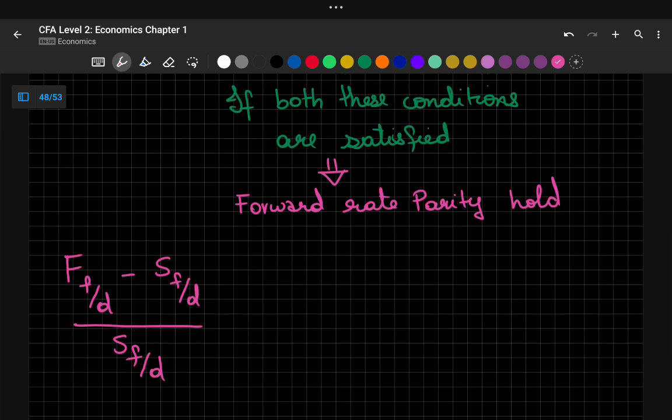Now, this should be equal to, I'll take the uncovered interest rate parity condition, that is the percentage change of expected spot exchange rate, which would be equal to the interest rate differential between foreign currency and domestic currency.